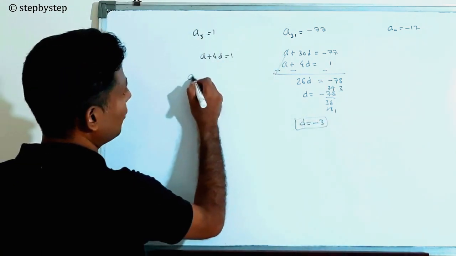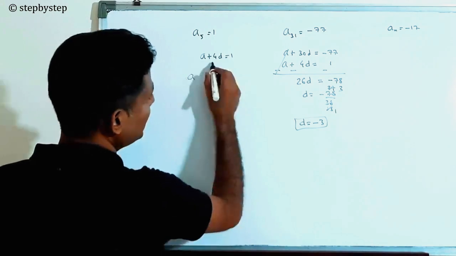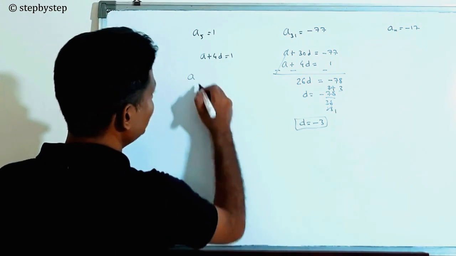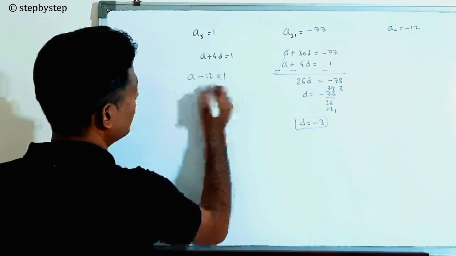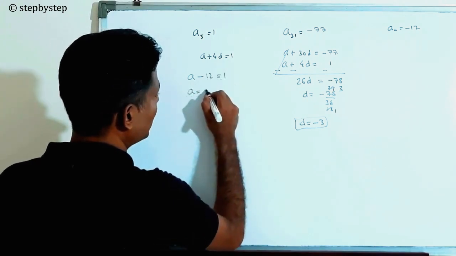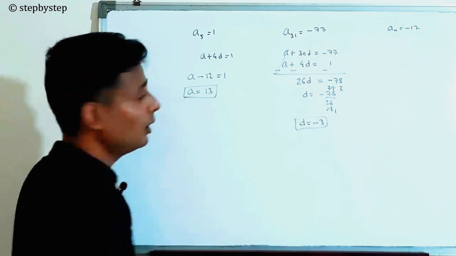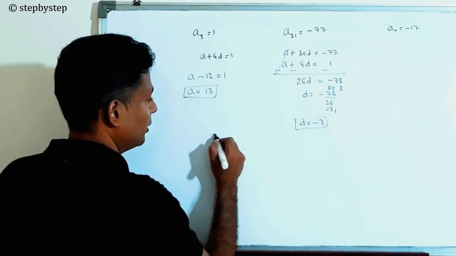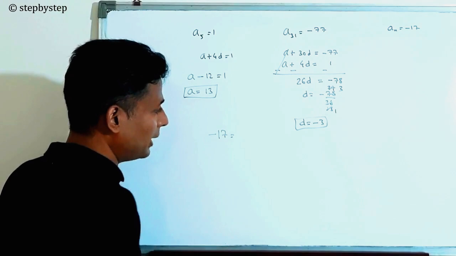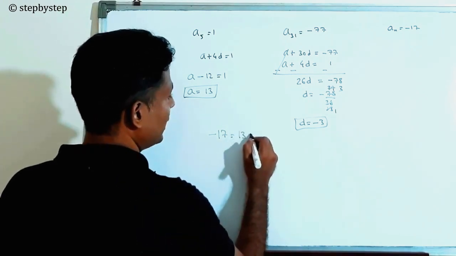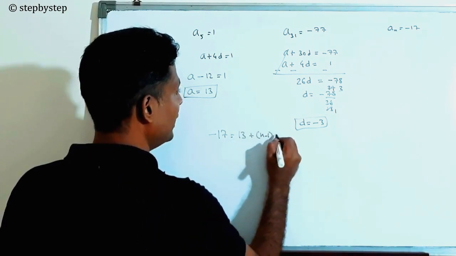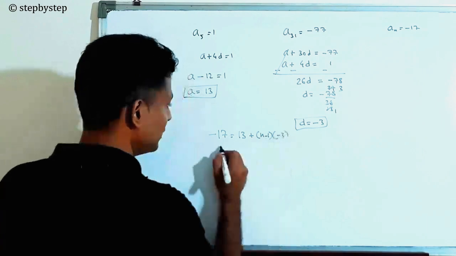From this equation, I will find the value of a. A plus 4d. 4 into minus 3, minus 12, equal to 1. So a equal to 1 plus 12, that is 13. So we know a and d now. So we can find which term it is. So minus 17, that's our a of n, equal to a, that is 13, plus n minus 1 into d, that is minus 3.